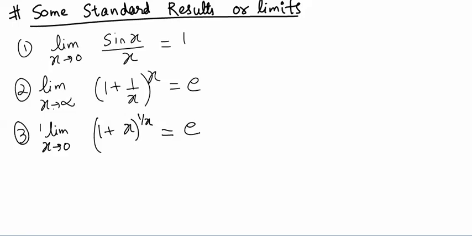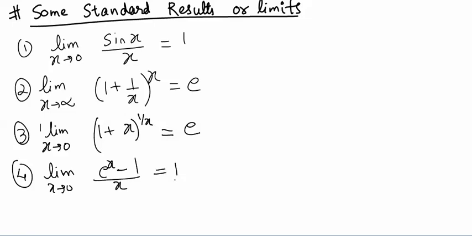See, the second and third are the same. If you replace 1 by x, basically it's going to be the same thing, right? What is the fourth one? You can also say limit x tends to 0 of (e raised to x minus 1) upon x is equal to 1.